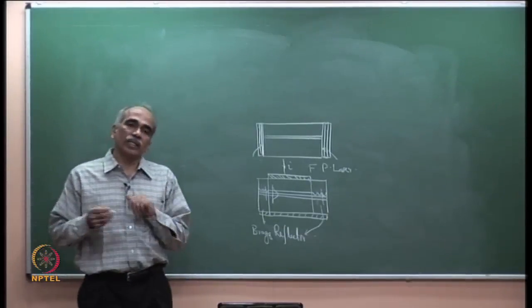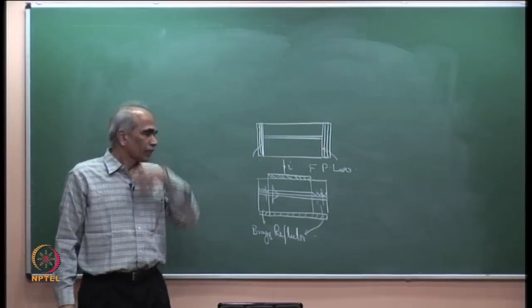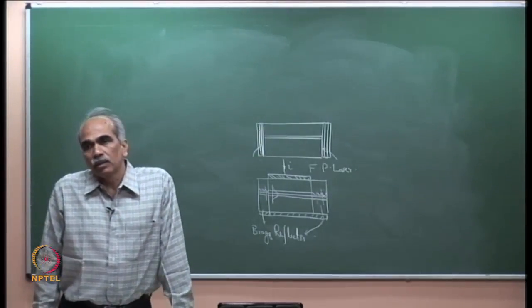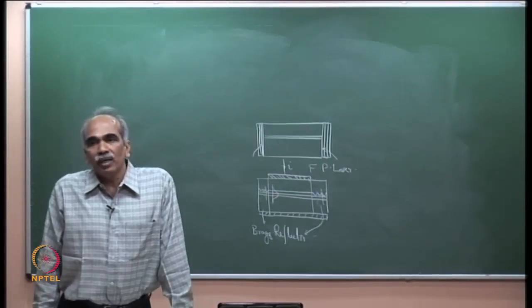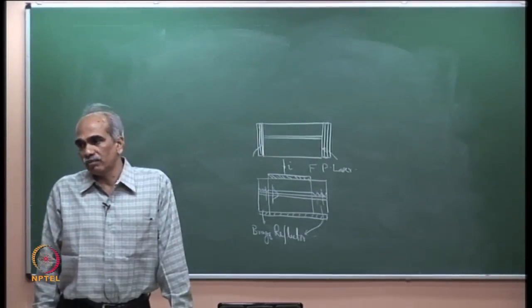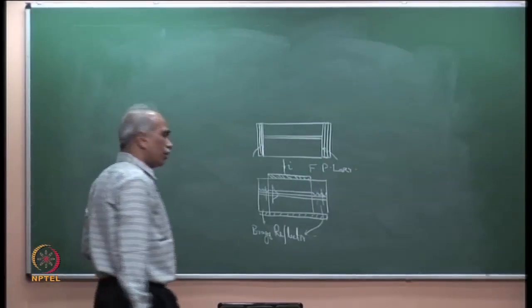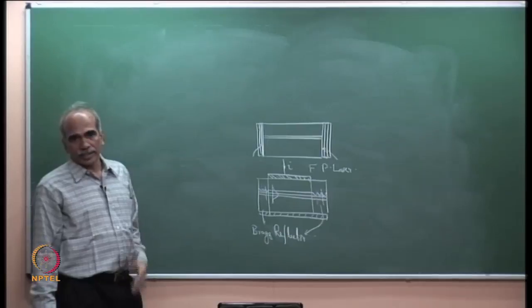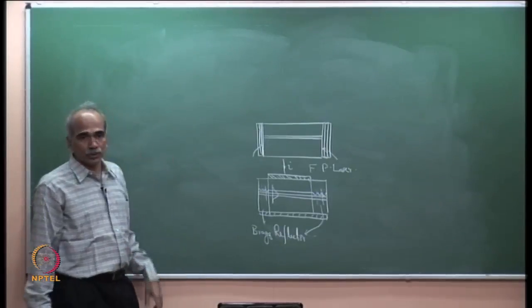What are the advantages over DFB? A DBR laser is much more stable in frequency. I am making a statement that a DBR laser is much more stable in frequency of the output.